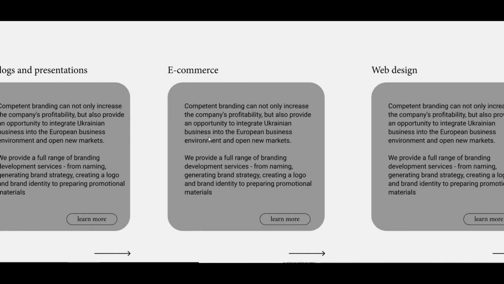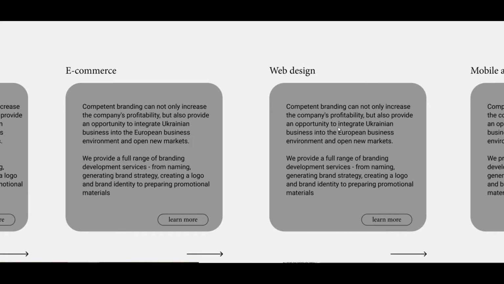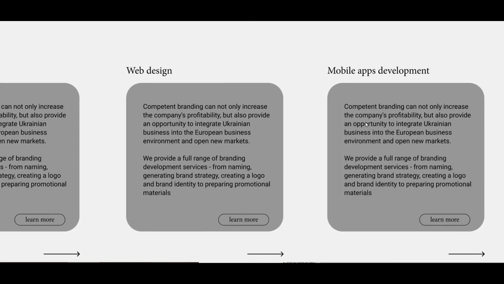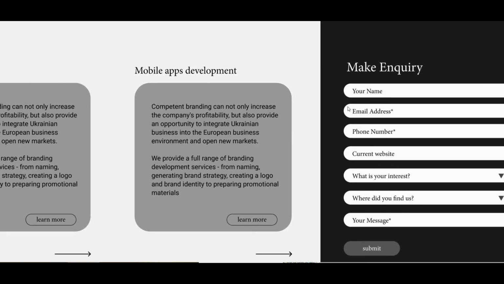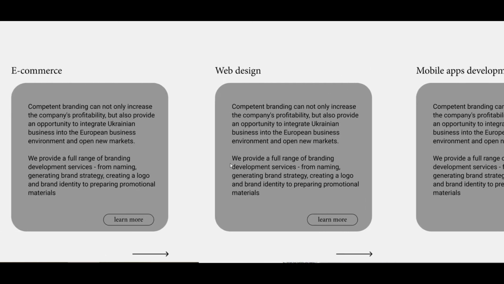I decided we can add e-commerce additionally only when we work in a marketplace or a single e-commerce site, and web design, for example a presentation site or a catalog and so on. Mobile development application, and it ends with a contact form.